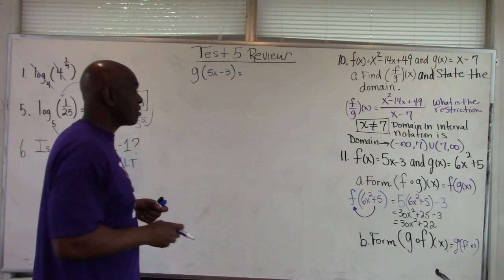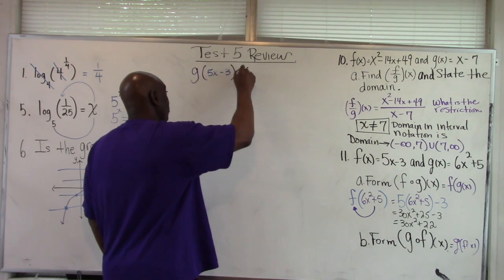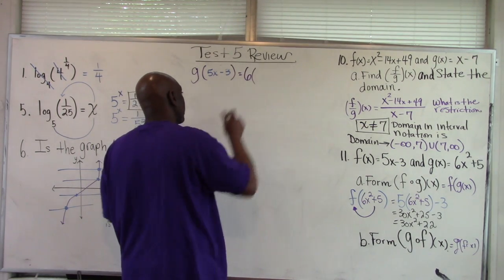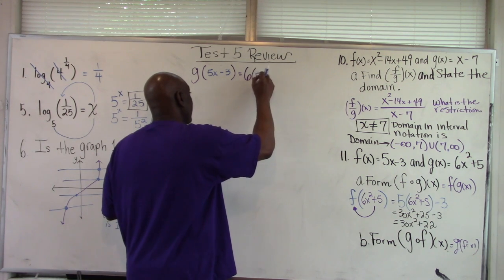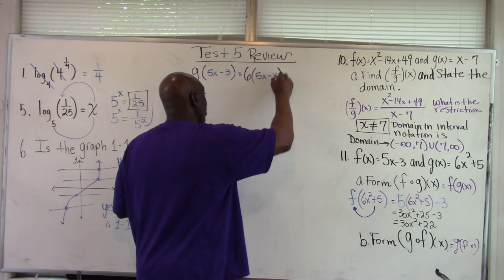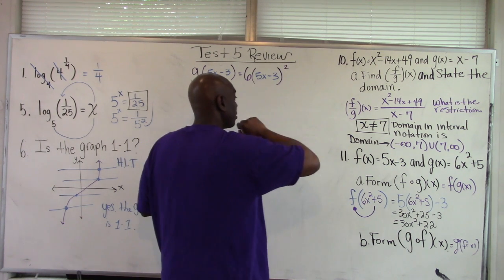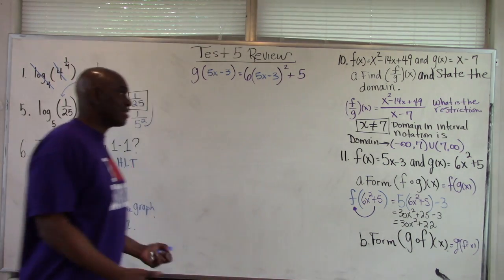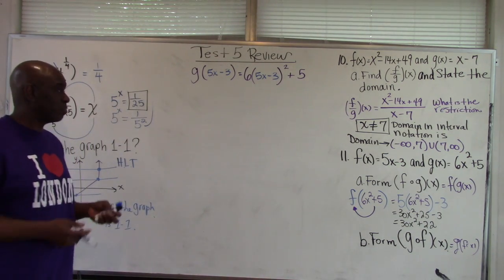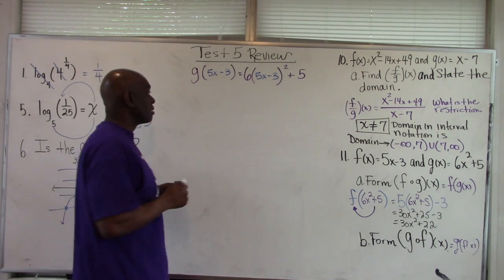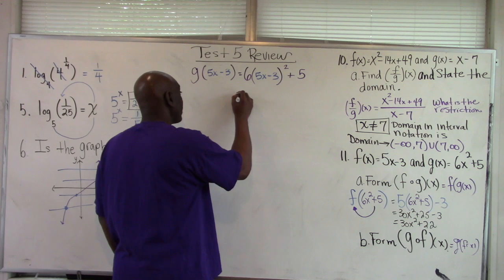So where's my g? 6 times 5x minus 3, quantity squared, plus 5. Now in this case there's a lot of work you have to do in terms of breaking it down and in terms of multiplying and foiling of that nature.